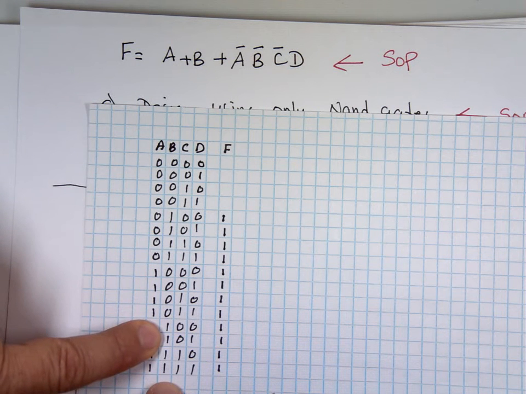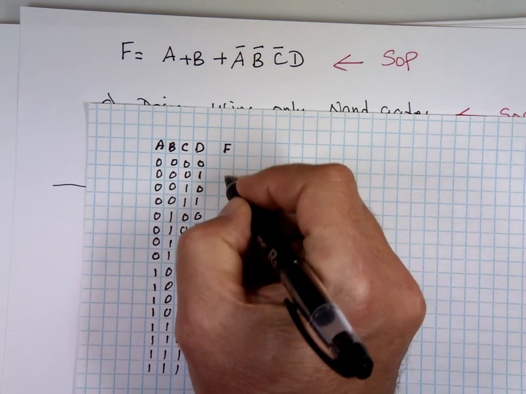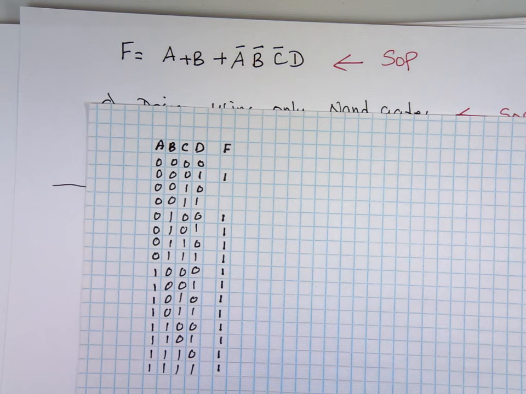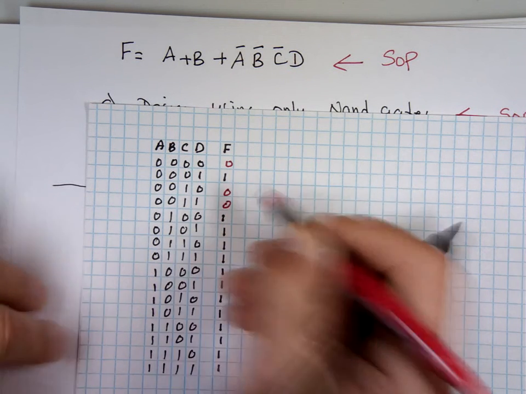And what else? When A is 0, B 0, C 0, D 1. That's this one. That's when your function is 1. So guess what? The rest of the time your function is going to be 0. That's when your function is 0.